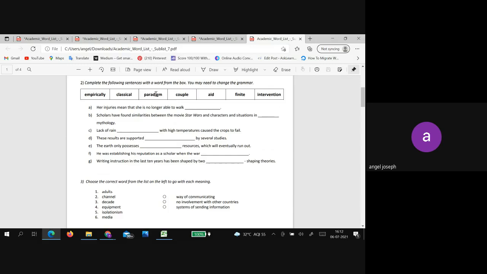What it means is a typical example of something. Paradigm is that. A paradigm shift that we saw in the consumption. A paradigm shift means a shift that is exemplary, a shift that is like a model. So paradigm is a slightly higher level word, but I'm just giving you an example.